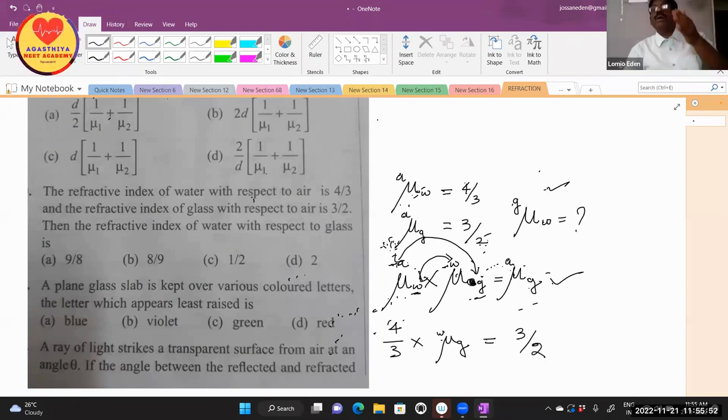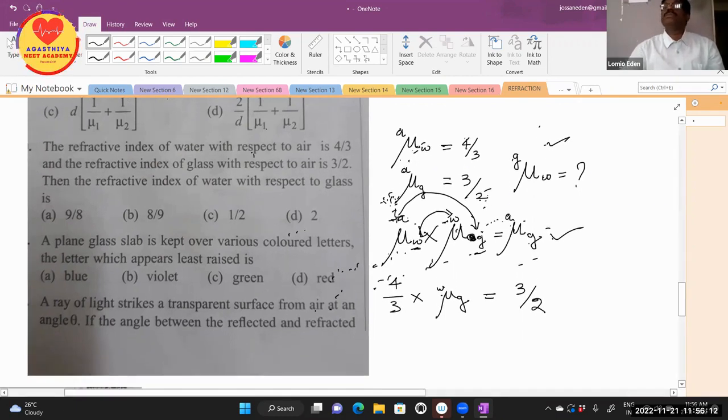Air to water, water to glass, it will come like that. Air to water, water to glass. The product will be air to glass. Now, but the question is glass to water. See, from this expression, students kindly concentrate on this.